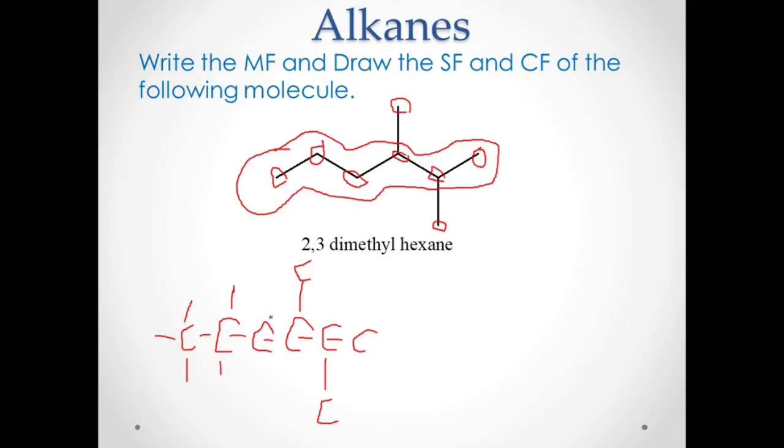This carbon also has 2 bonds, so the remaining would be 2. That carbon has 3 bonds, so the remaining would be 1. That carbon also has 3 bonds, so the remaining would be 1. And the last carbon has 3 bonds. Also don't forget your substituent. The substituent also has carbon, and to complete its 4 bonds it has a remaining of 3 bonds. The last carbon here also has 3 bonds.